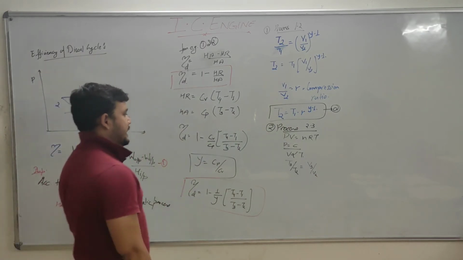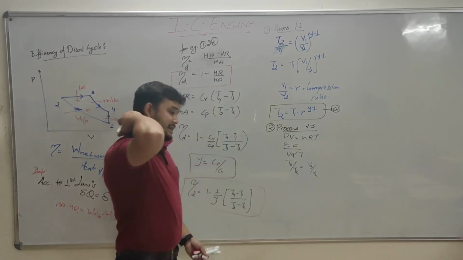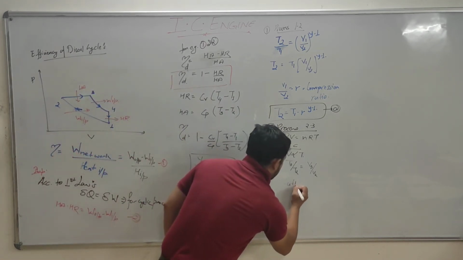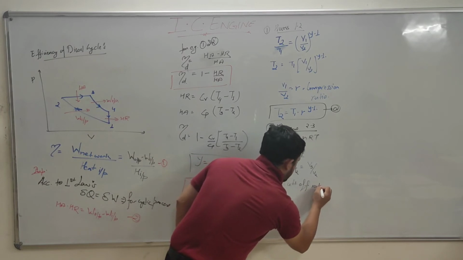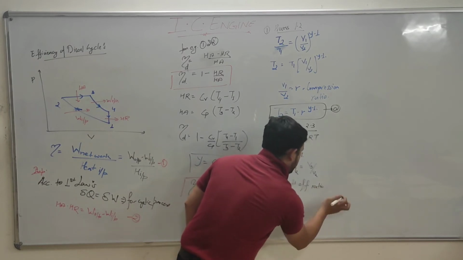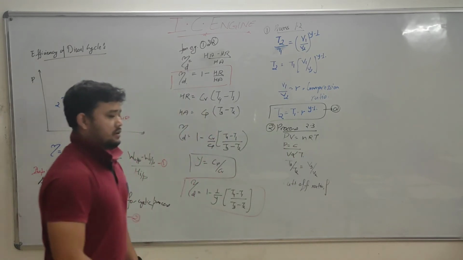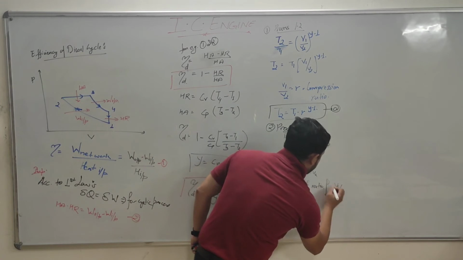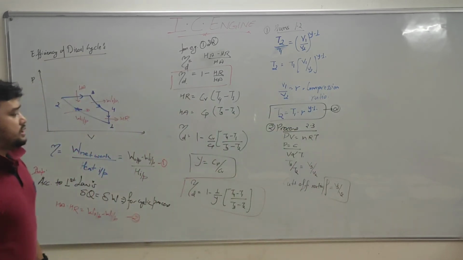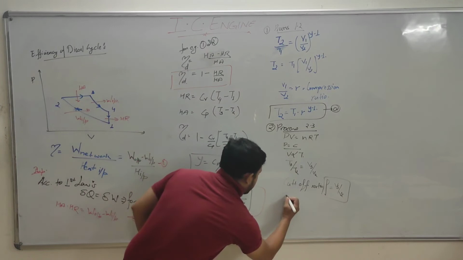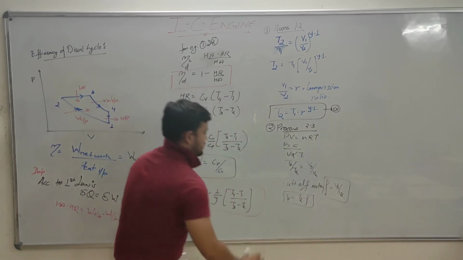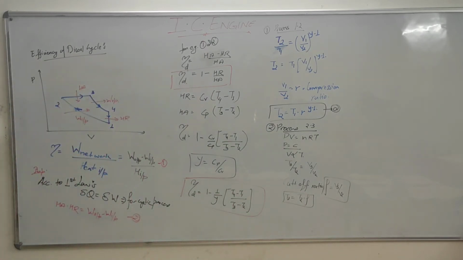In the diesel cycle there is a new term, known as the cut-off ratio, represented by the symbol Xi, which is equal to V3 by V2. From this equation you get T3 is equal to T2 times Xi.